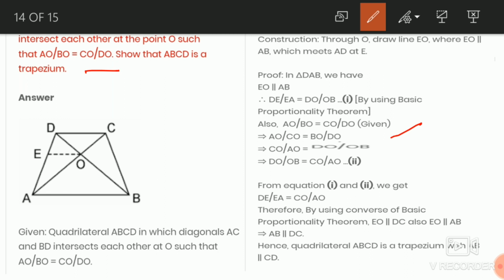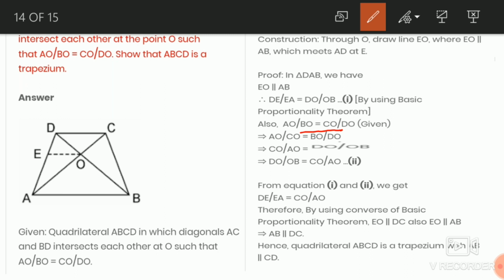We will bring it in the form where we can bring it in terms of a straight line. And we will also focus on this particular area, DO by OB. So in the question, it is given AO by BO equals CO by DO. This implies AO by CO equals BO by DO. We have just interchanged BO and CO. So BO from the left hand side went to the opposite side and went to the numerator.